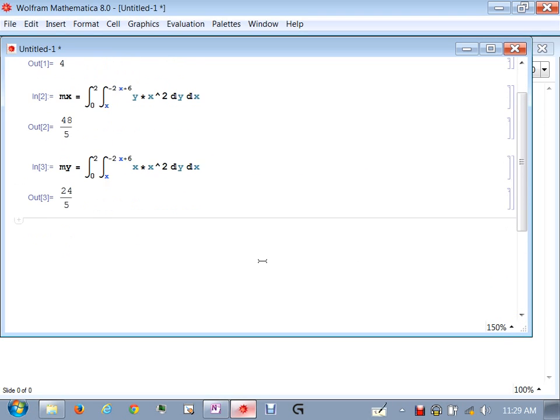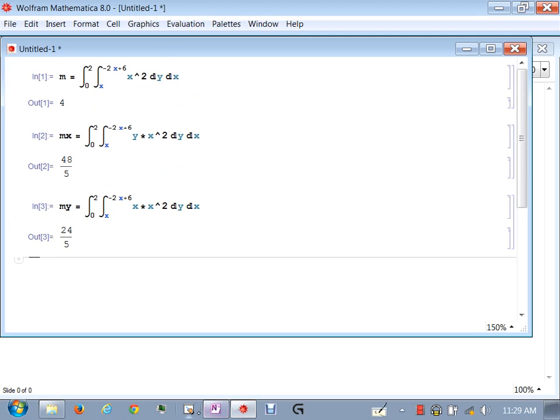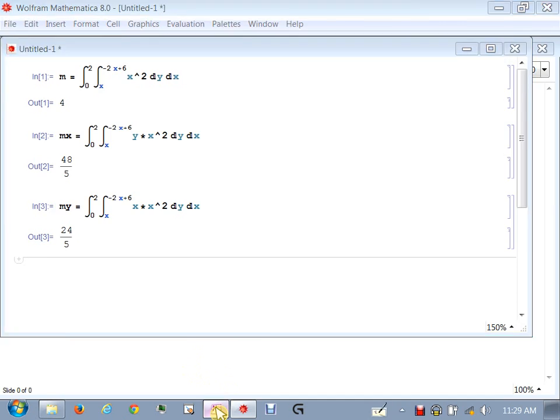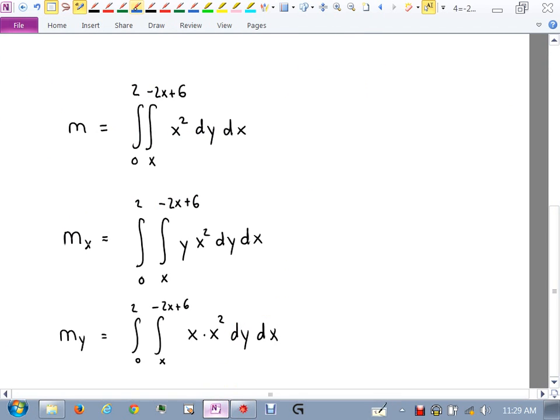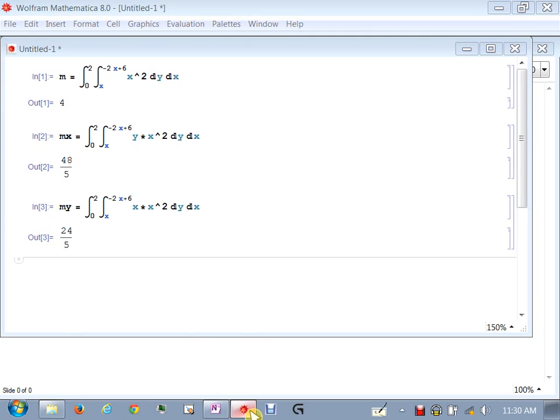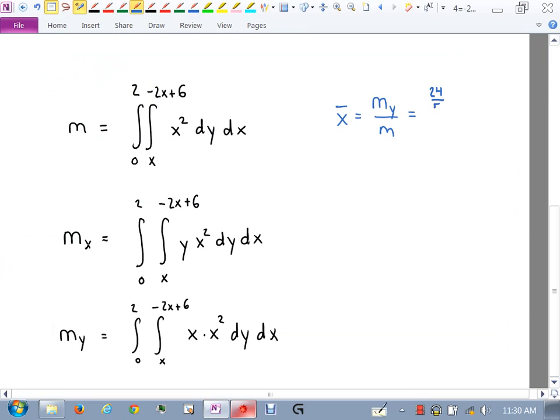So now, what is x bar? By definition, x bar is my over mass, right? And what we just got was 24/5. 24/5 over 4, which is 24 over 20, which is, what goes into those? 6/5.